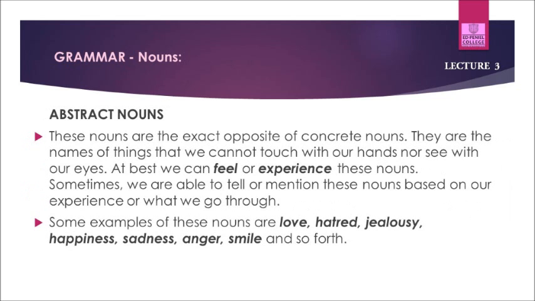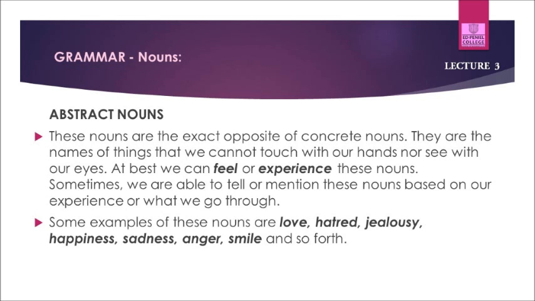Now the last type of nouns, let's look at the abstract nouns. When something is abstract, it means you cannot see it with your eyes, you cannot touch it. So these nouns are the exact opposite of concrete nouns, and they're the names of things that we cannot touch with our hands or see with our eyes. We can at best feel or experience these nouns.